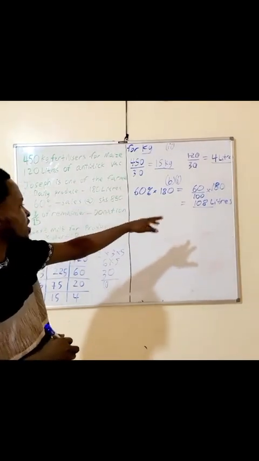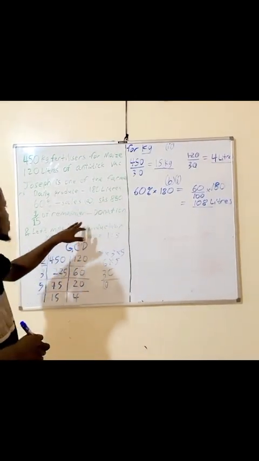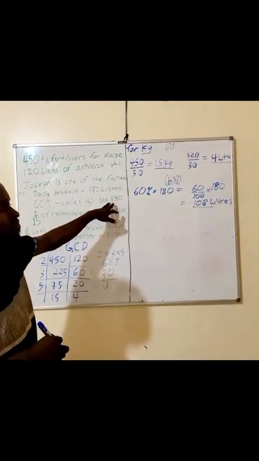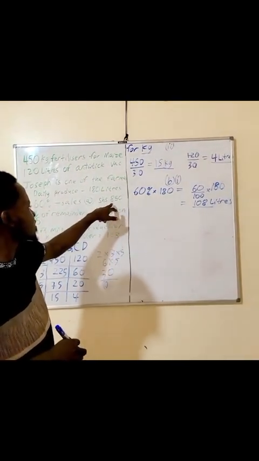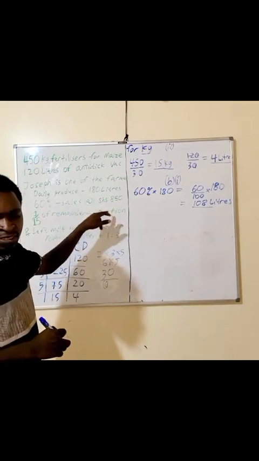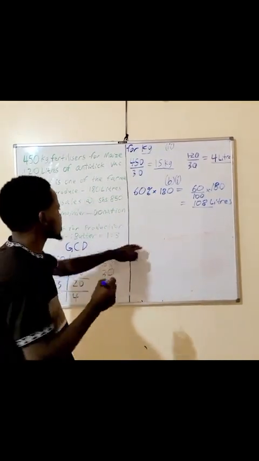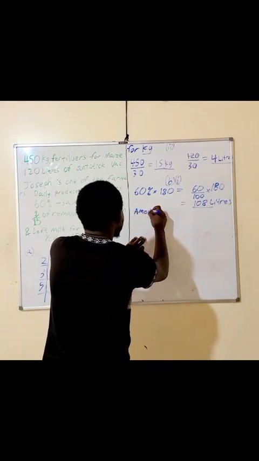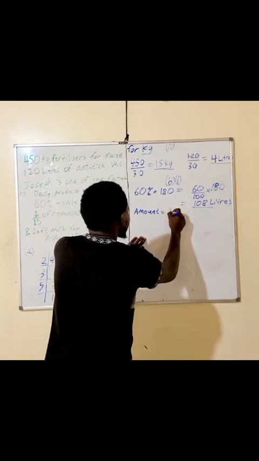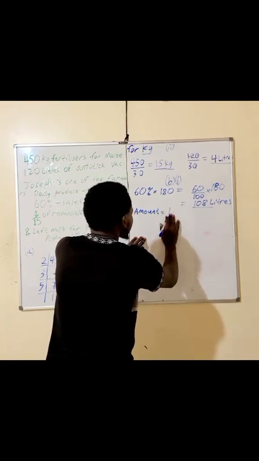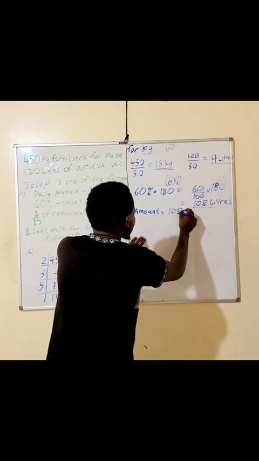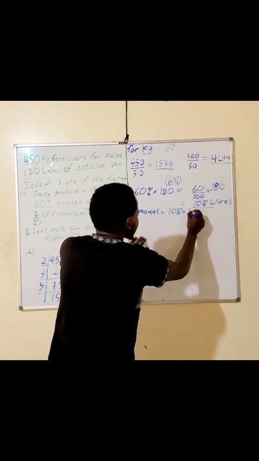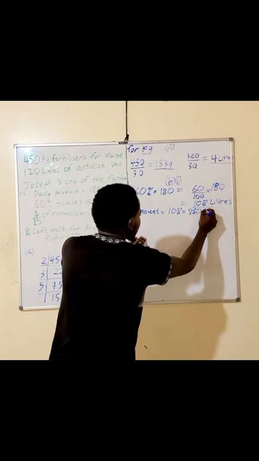Then I need to multiply those liters by the amount of money that he sold each liter for. It is 850 shillings. So I need to calculate the amount. The amount is 108 times 850.